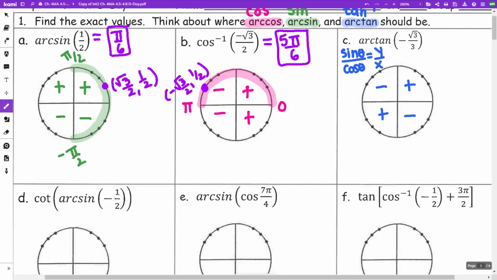Now, we also need to remember that our tangent has a denominator, and that denominator is my cosine. And so I want to think, well, where is my cosine 0 or my x 0? Because that's going to make it undefined. And that's going to be up here at 0, 1 and down here at 0, -1. So we have asymptotes there.